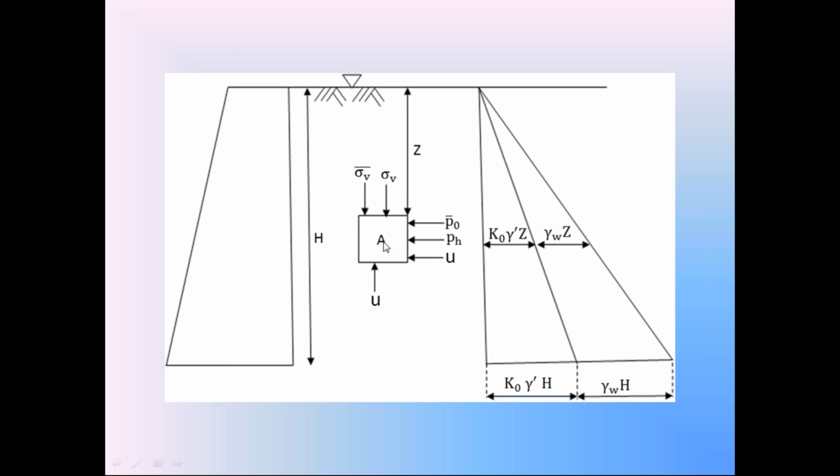The soil element is subjected to the first horizontal stress, P naught dash. This P naught dash is called the effective horizontal stress acting on the soil element in the rest condition. From condition 1, we know that P naught is equal to K naught into sigma V. In the at rest condition, the horizontal stress P naught is equal to K naught into sigma V. What is K naught?